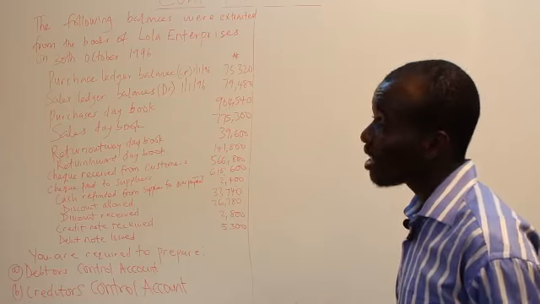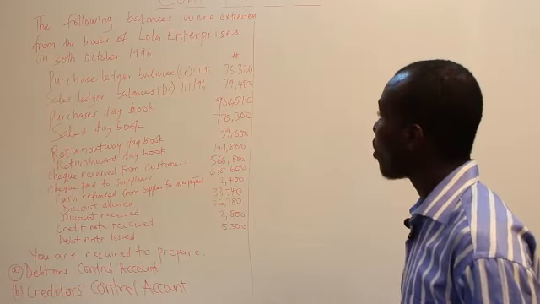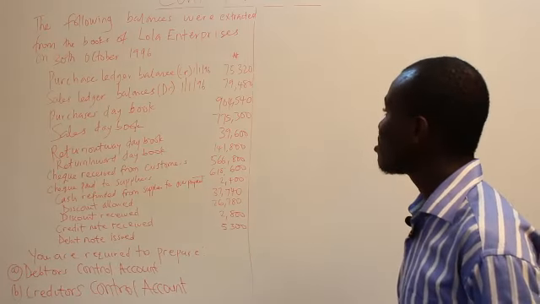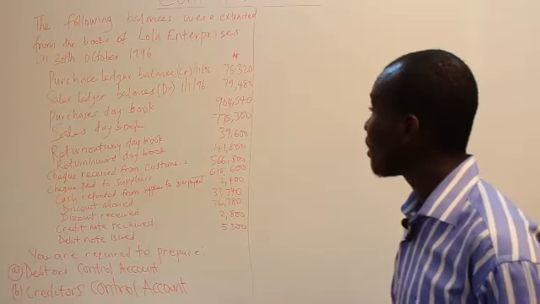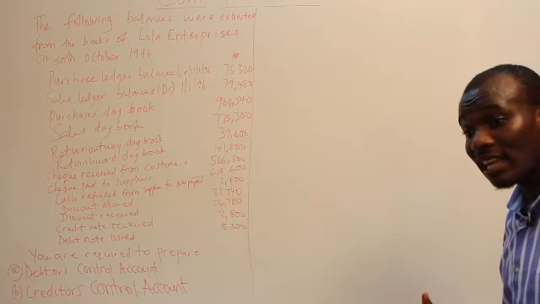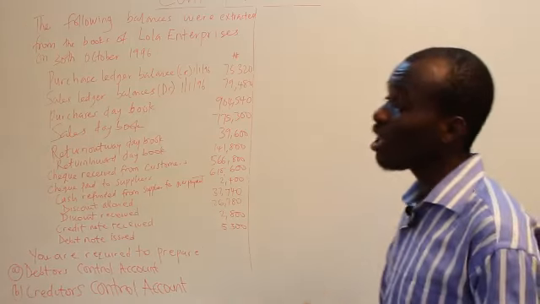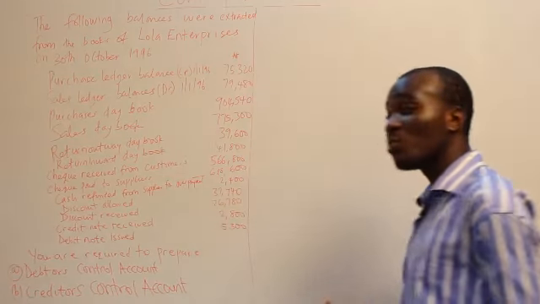We have sales ledger balances, which is debit, must always be on debit, at 1/1/1996, 79,480 naira. So we have the purchase day book, which serves as the credit purchases. I said earlier that all credit purchases will be taken from the purchase day book.